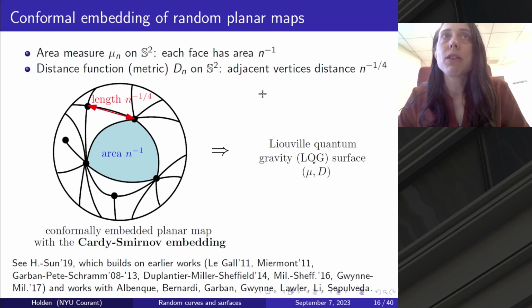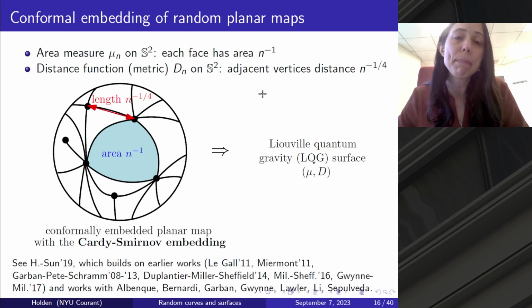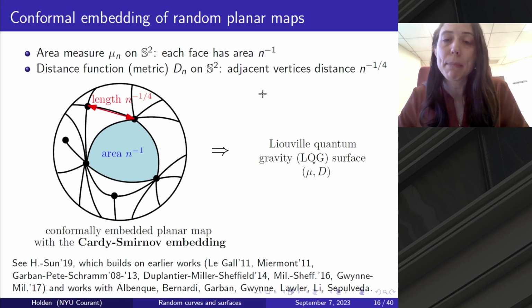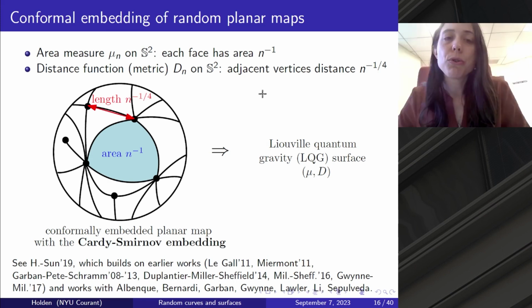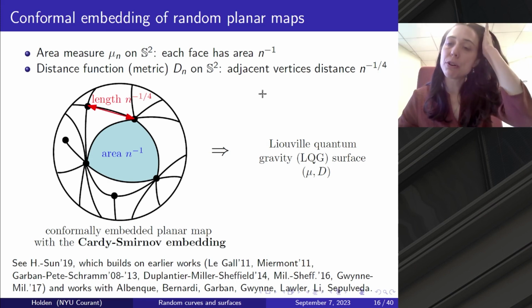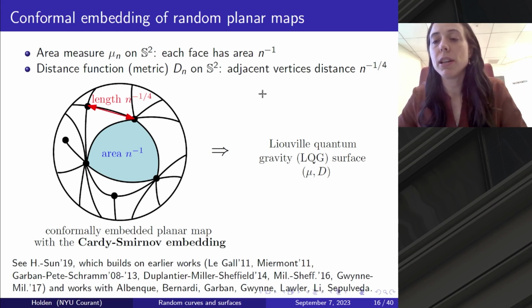This goes back to work of Le Gall and Miermont. They were the first to prove such a result for certain classes of planar maps, and then it has later been extended to a number of other planar maps. This gives convergence to what we call a Brownian surface, which is a family of random metric spaces.